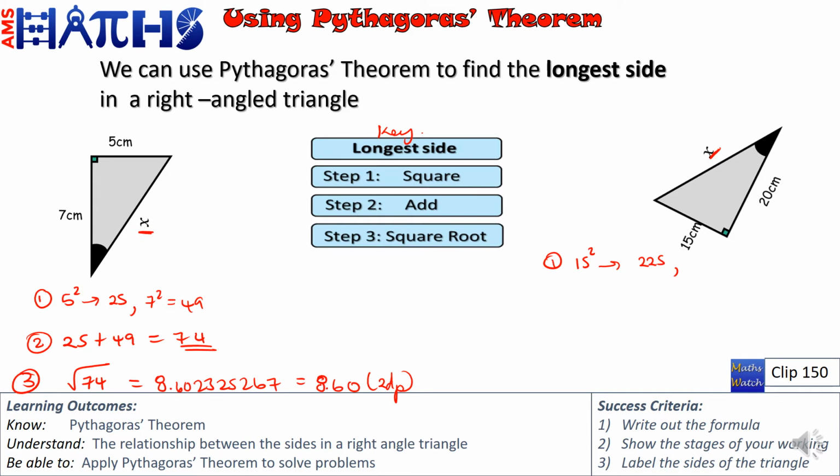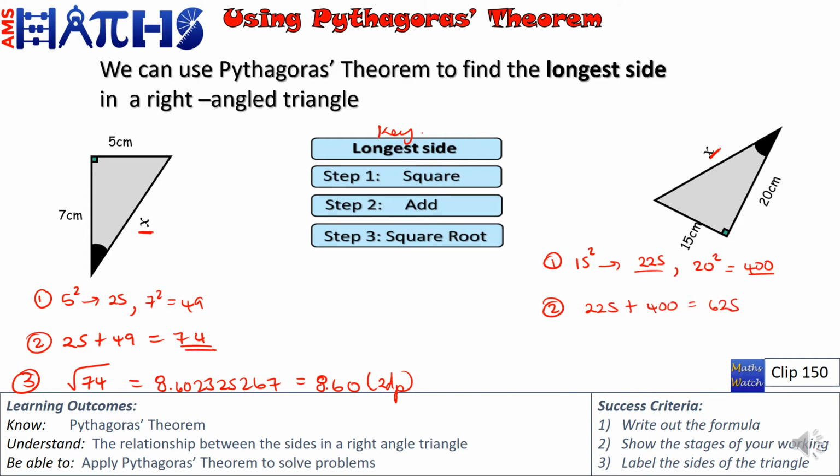Then 20 squared is equal to 400. Our next step is to add these 2 numbers that we got from squaring. So 225 plus 400 gives us 625.